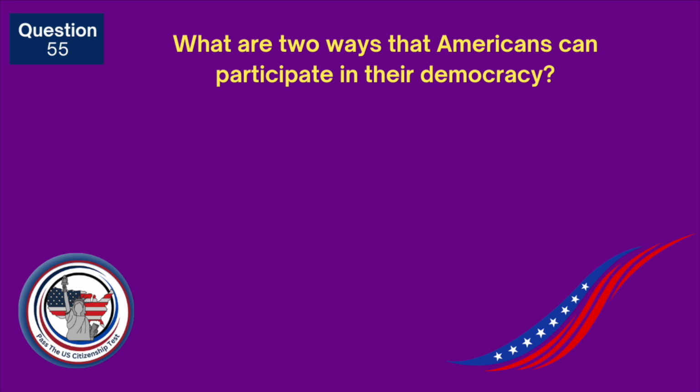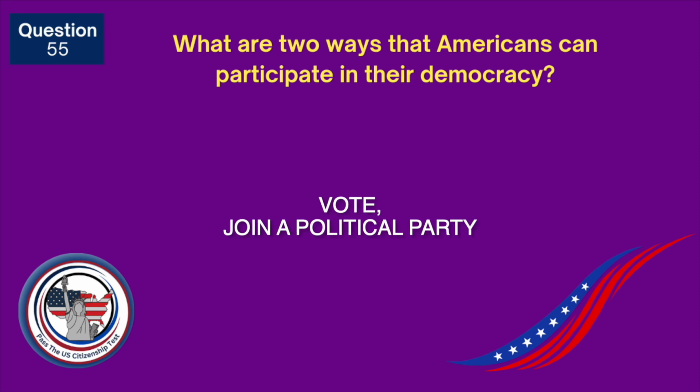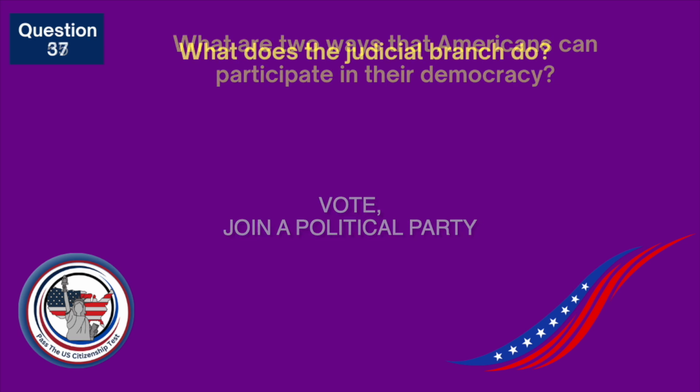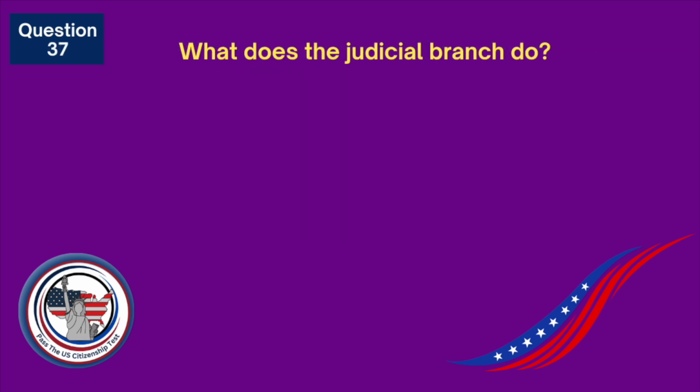What are two ways that Americans can participate in their democracy? Vote. Join a political party. What does the judicial branch do? Reviews laws.